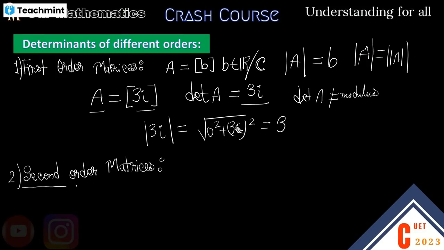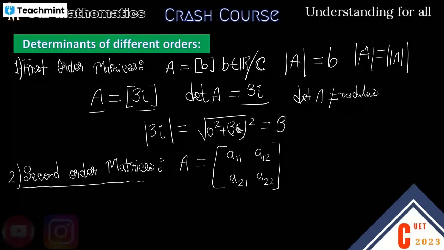Second order matrixৰ ক্ষেত্ৰত কি হয়, suppose a is equal to a11, a12, a21, a22 is a second order matrix, okay.